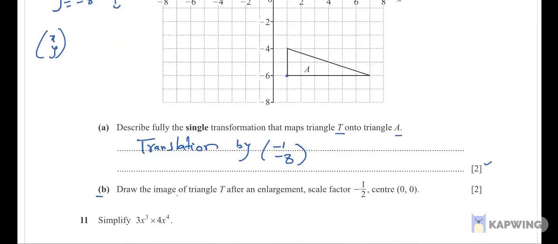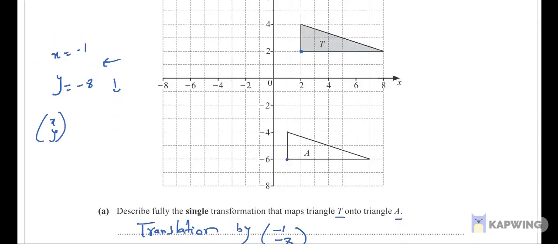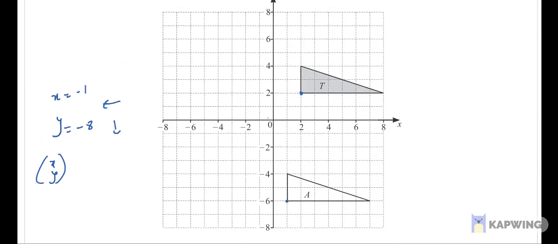Now, part B is draw the image of triangle T after the enlargement, scale factor -1/2 with center 0, 0. First of all, you want to make an enlargement for T. So take with respect to 0, 0, the center should be 0, 0.